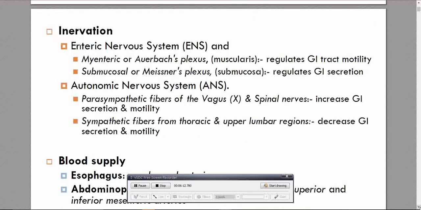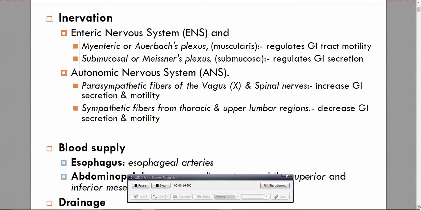The autonomic nervous system is another class of innervation, and we have parasympathetic fibers of the vagus and spinal nerves, increasing gastrointestinal secretion and motility. What you mostly need to know is that when you say parasympathetic fibers, it normally implies antagonism of the sympathetic fibers.